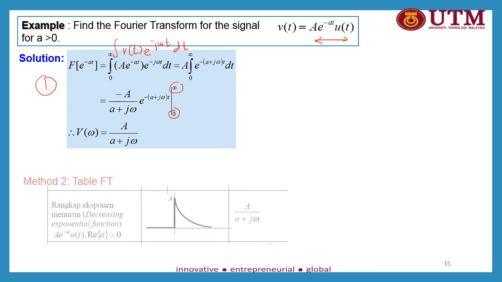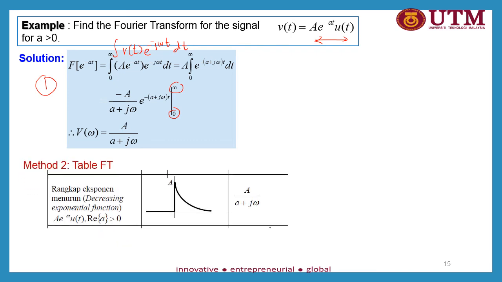So now let's look at the second method. From the Fourier transform table, look at the closest equation. Sometimes you may see from the table only e to the minus a t, and sometimes the equation may appear in a different form.